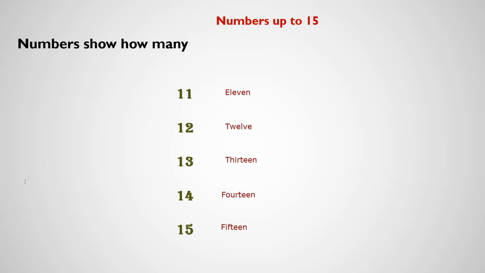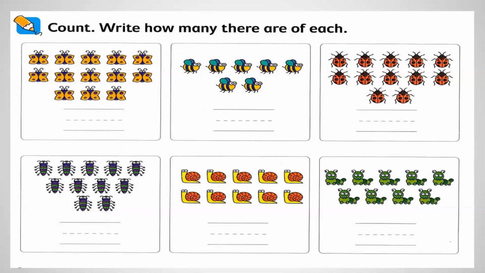Okay. Here, let's solve an example together on this number. Count, write how many there are of each. We are going to write with both the digits and the letters. So let's count how many butterflies you can see in this picture. 1, 2, 3, 4, 5, 6, 7, 8, 9, 10, 11, 12, 13.